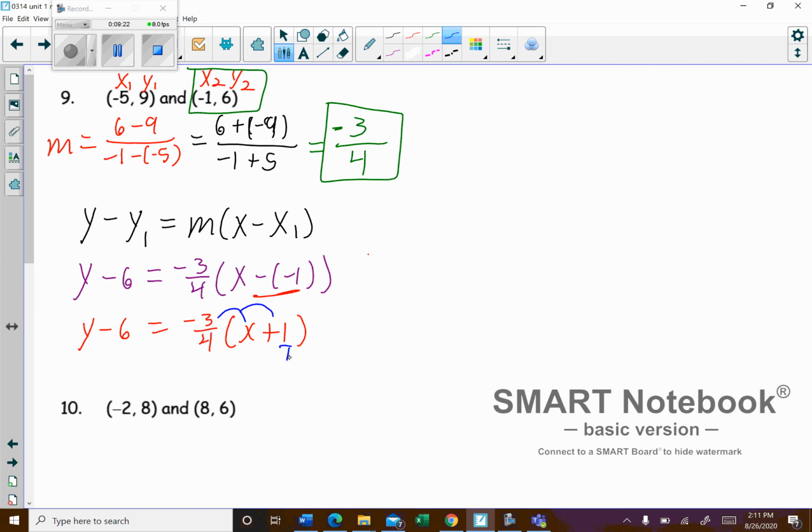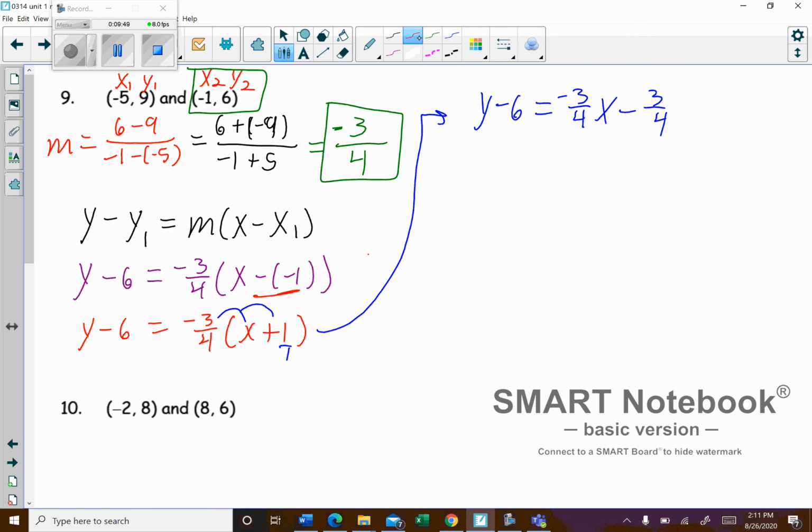And this one's actually kind of simple like the last one because I'm just going to multiply it by a +1 right here. Go ahead and write up here where I have more room. So let's see, I have y minus 6 equals -3 over 4x. And then this will become a -3 over 4 because a negative times a positive, and I'm multiplying it by 1. 1 times anything, you actually just get the same thing back.